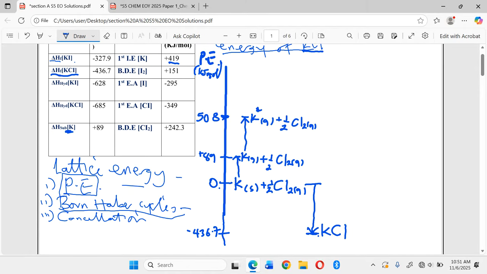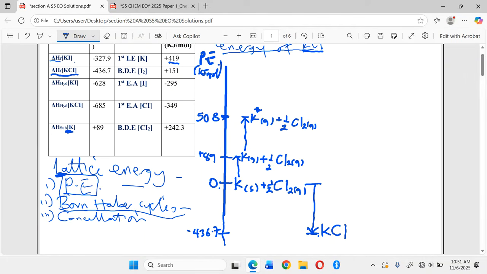No. When we talk about lattice energy, we're looking at the energy when 1 mole of a crystal substance is formed from the gaseous ions. Potassium already has positive 1, and that is the only electron it can lose, so it has only the first ionization energy, which means now we can go to chlorine.